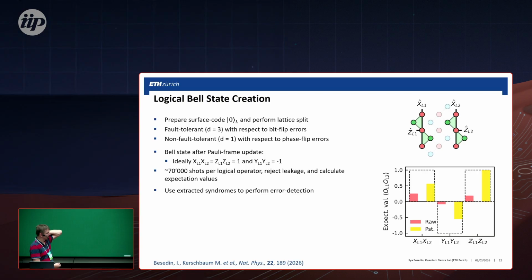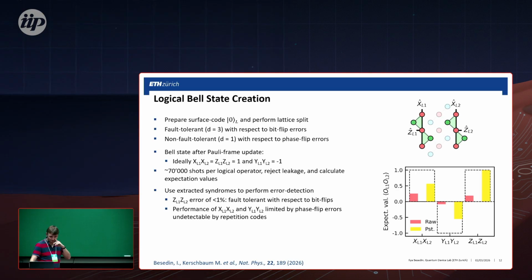This has the same sign. Magnitude is a bit larger, especially the ZZ observable. And this makes sense because the whole protocol is fault tolerant with respect to bit flip errors, whereas for the phase flip errors, only the surface code part is fault tolerant. So any phase flip errors happening after the split would not be detected.